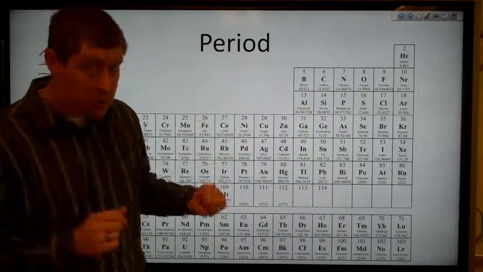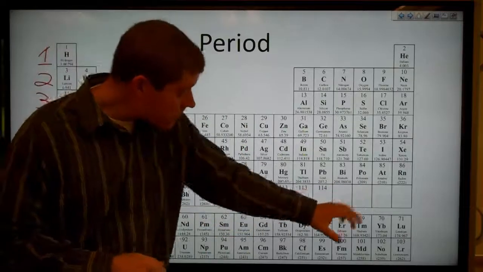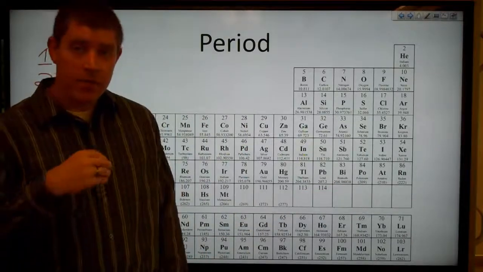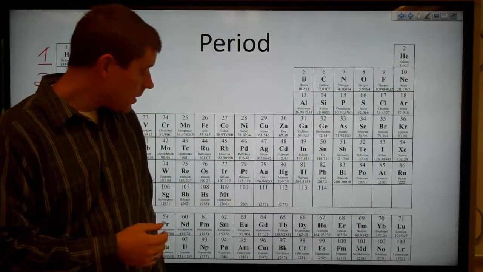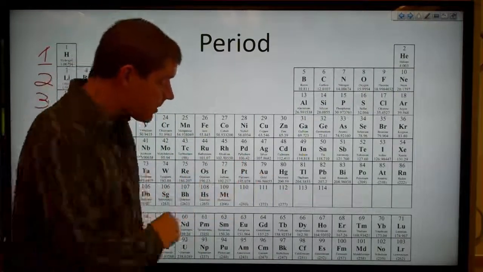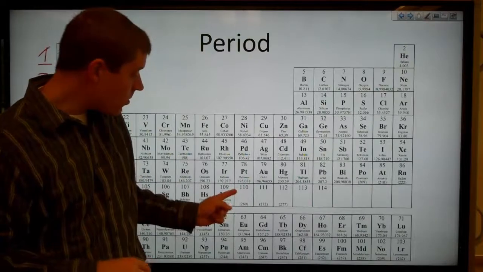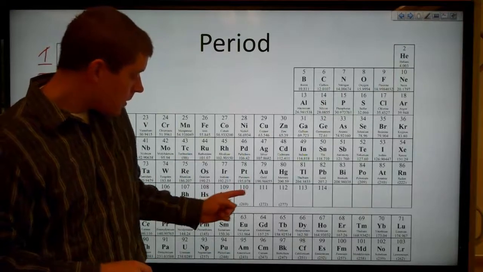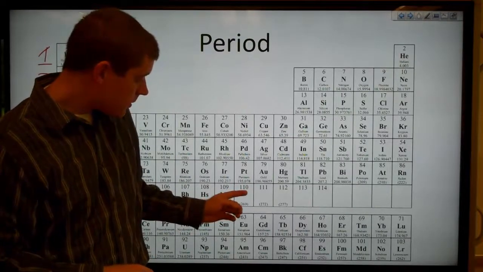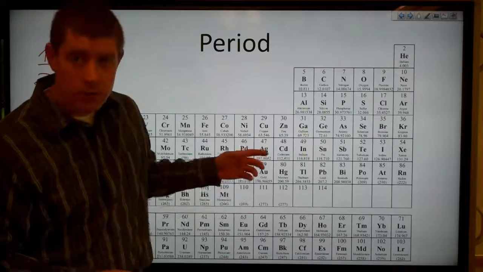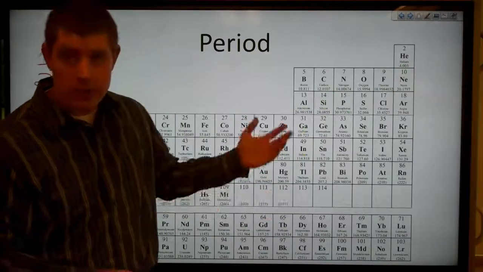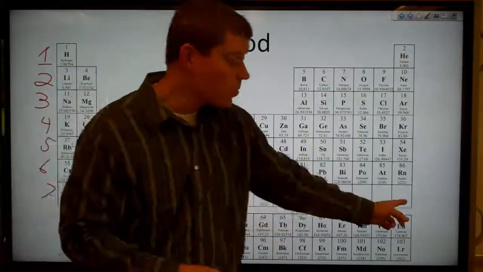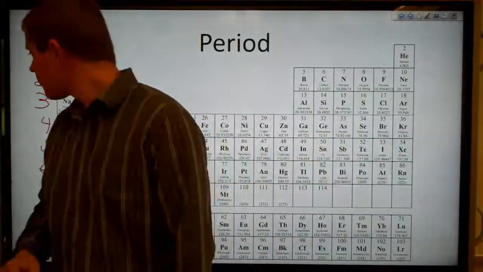I don't recall what the names are offhand, but the rest of them have been given temporary names that are basically the atomic number. So it's unium for 111, dium, and so on, going all the way up to octium over here at 118.